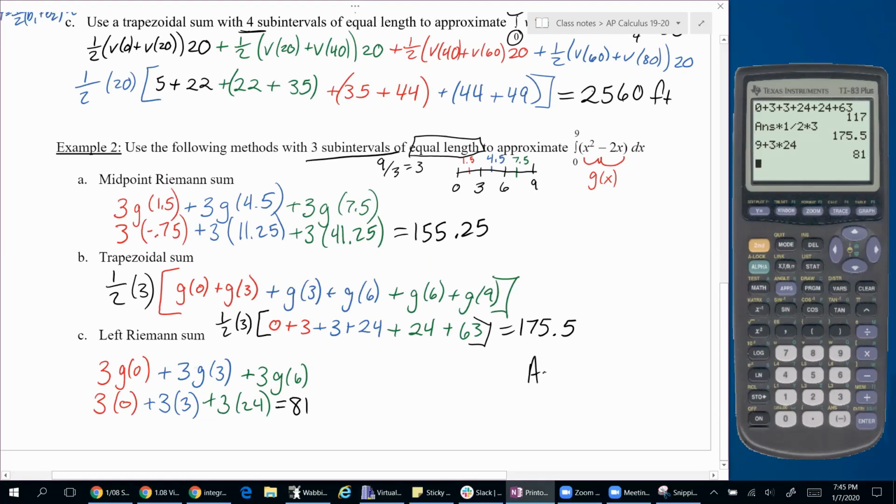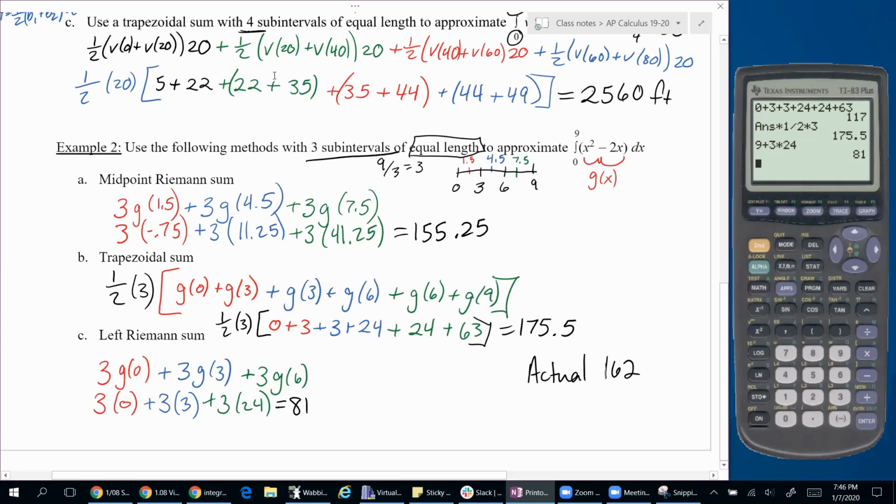The actual value was 162. So you can see that the midpoint Riemann sum and the trapezoidal sum did much better than the left Riemann sum or the right Riemann sum would have done. In general, the midpoint and trapezoidal sums are more accurate than left and right Riemann sums.